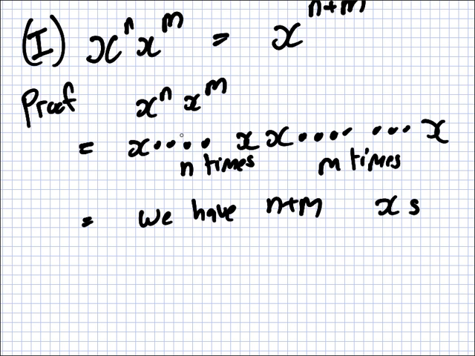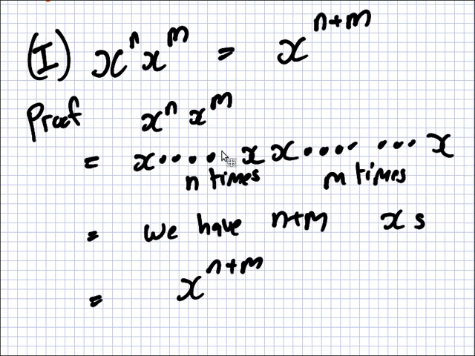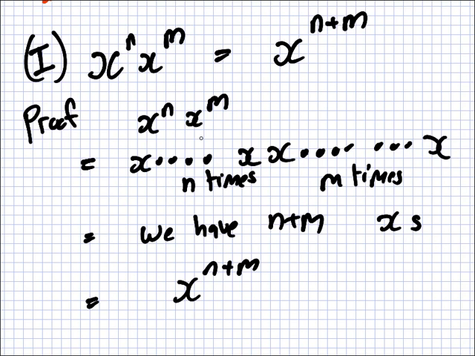We have n of them in the first multiplication, m of them in the second. So in total, it's n plus m. It's hardly a proof. It's pretty straightforward. If you can write that down, that's our first rule. I think it's good practice to have the proof in your notes. It's just good algebra. So if you can have a copy of the proof in your notes as well, that'd be great.